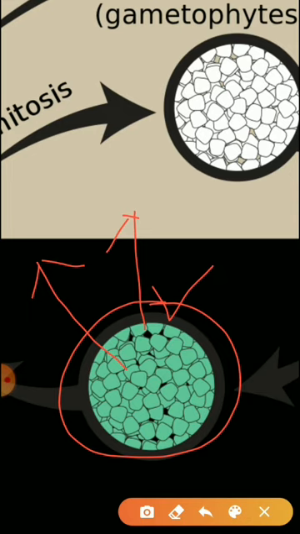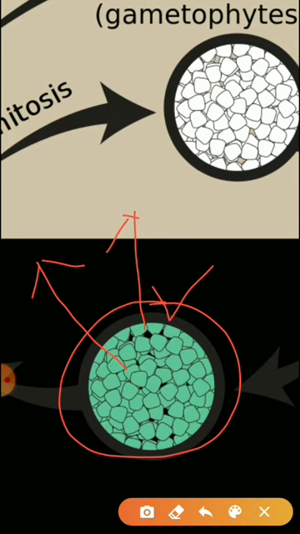Is it clear? Next we discussed the spore formation is not only a means of asexual reproduction but also a means of survival during unfavorable environmental conditions. Also, it is a means of dispersal to new locations. Next, in which type of organisms we can see this spore formation?